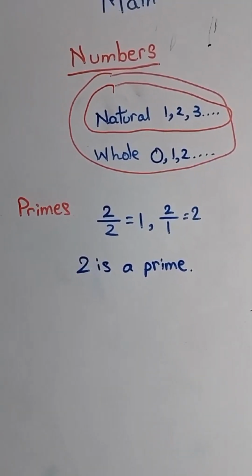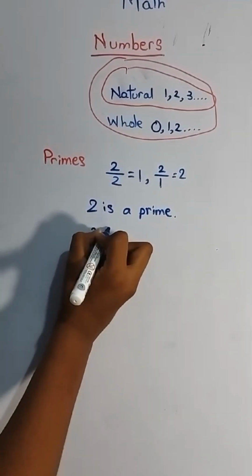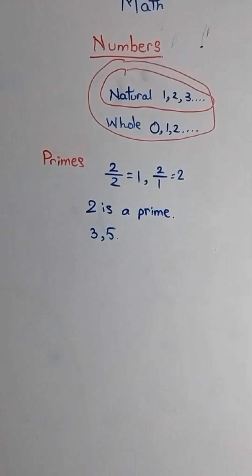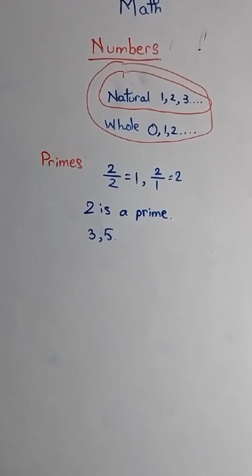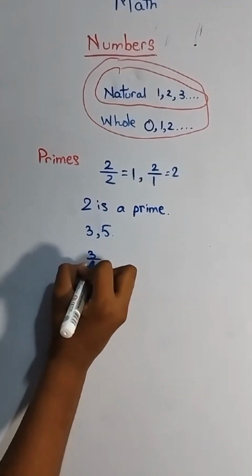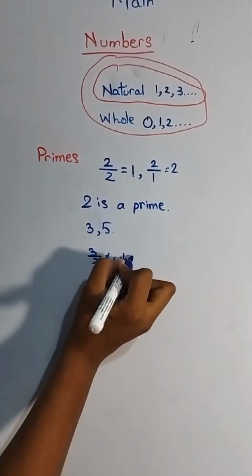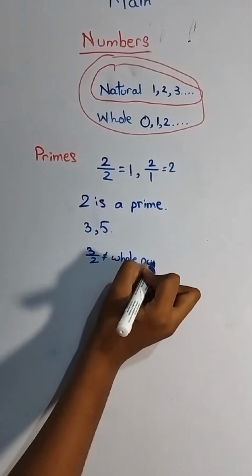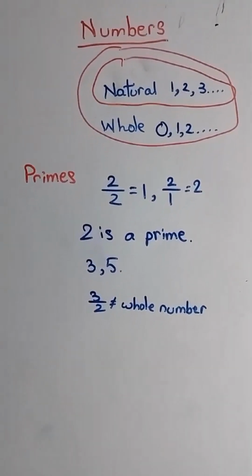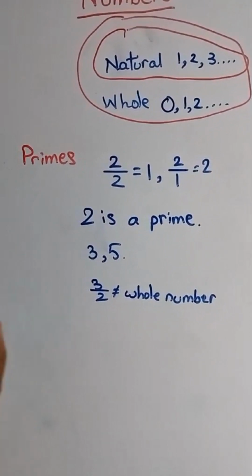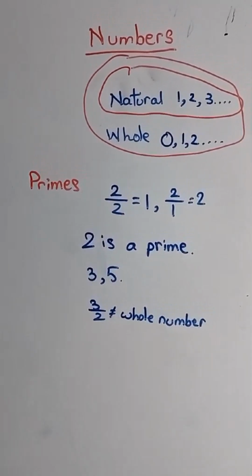Another example of a prime number could be 3 or 5. You can also test this by dividing by all the numbers under it. For example, let's take 3. 3 divided by 2 will not give a whole number, because 3 is not a multiple of 2, and therefore 2 is not a divisor of 3.